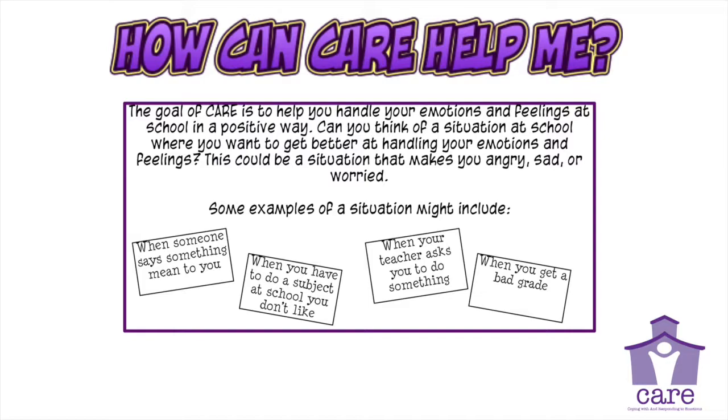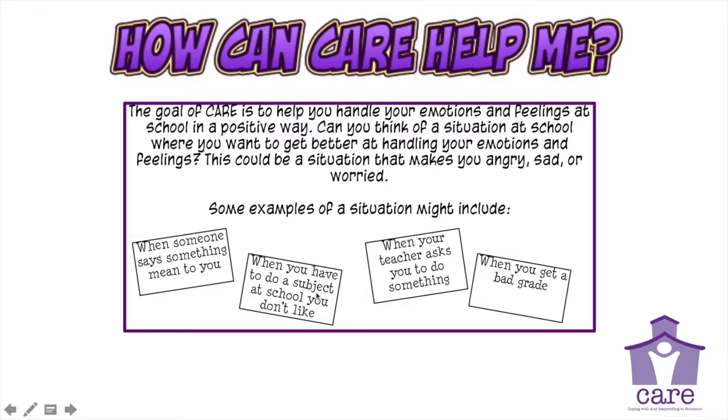And so have students really try and think about a situation at school where they want to or need to get better at handling their emotions and feelings. So this is often going to be a situation that might make them angry, that might make them sad, or might make them worried. So we've got some examples of situations here. So when someone says something mean to you, when you have to do a subject at school you don't like.